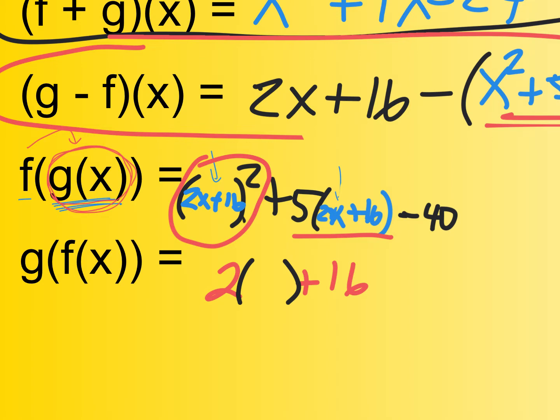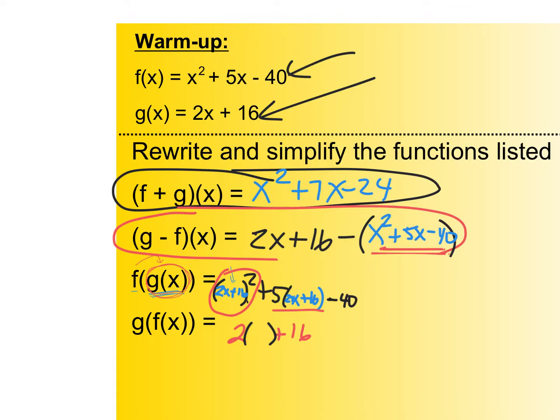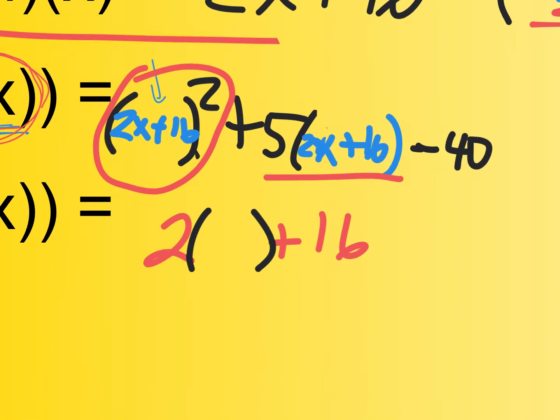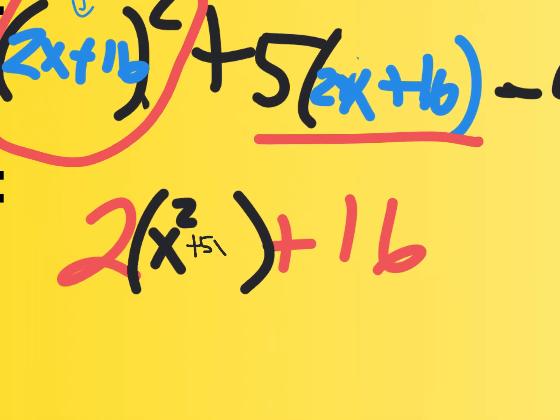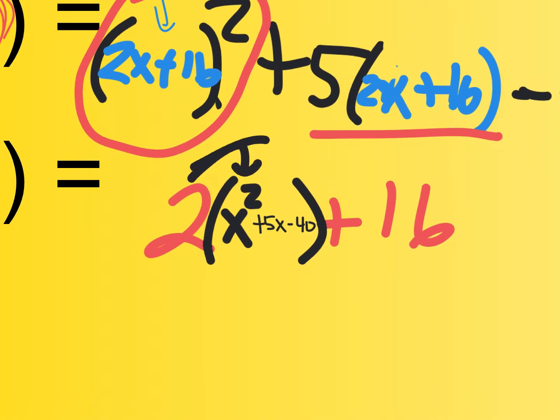This is one function eating another function. So, x squared plus 5x minus 40 goes right there. And I got to trust that you can multiply that out. All right, so that's having a function eat another function. That is called a composition of functions.